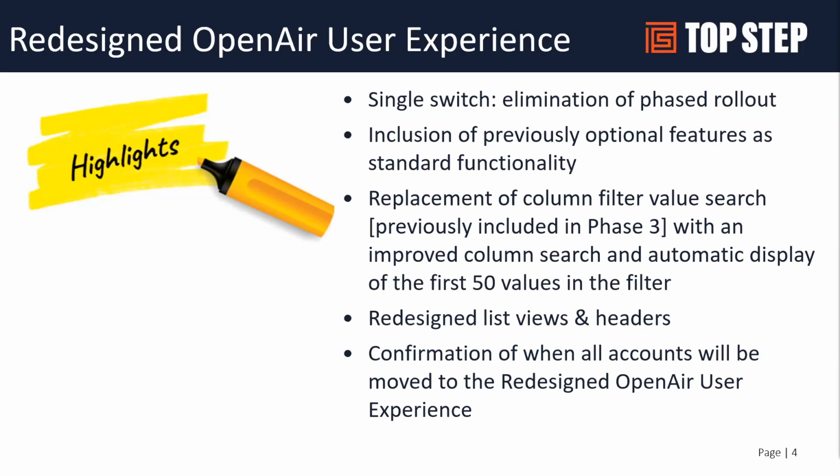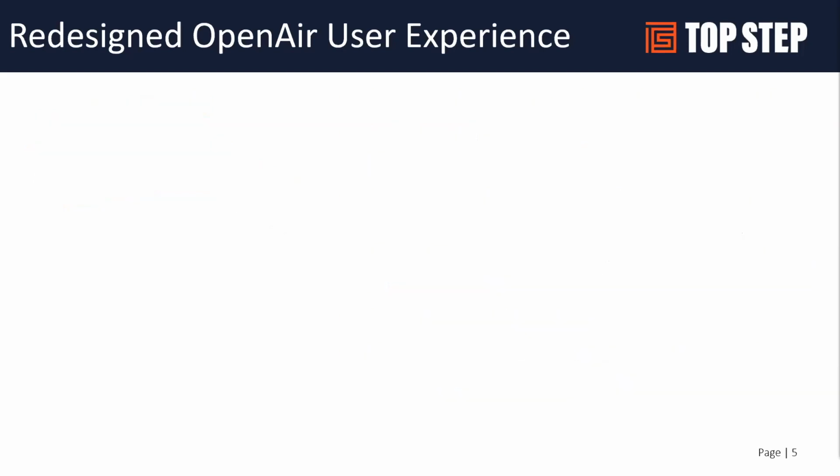With the enforced column filter value search, which was an optional feature previously, portions of the earlier functionality within that feature have been removed and replaced with a much simpler approach. This is also no longer an optional feature and is included as standard part of the redesigned user experience. More redesigned list views and headers for consistent look across features and pages. And finally, what we've all been waiting for, a date when all OpenAir accounts will be upgraded to the new UI.